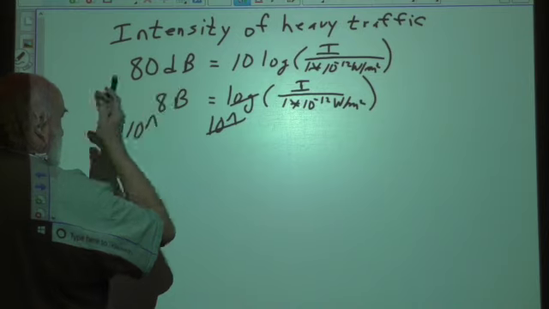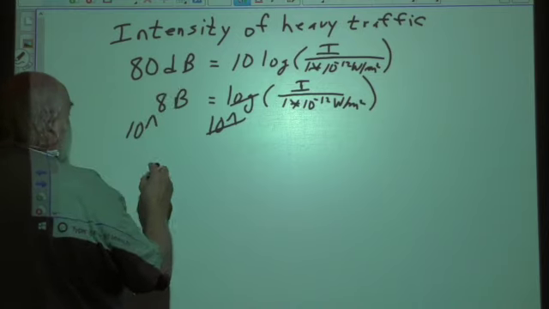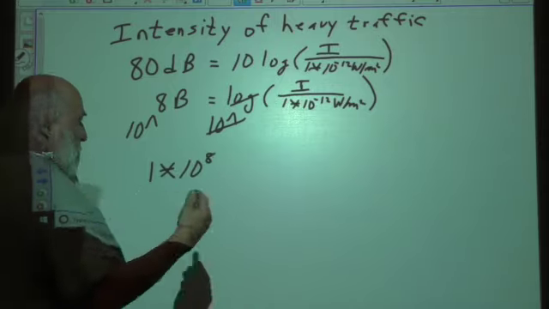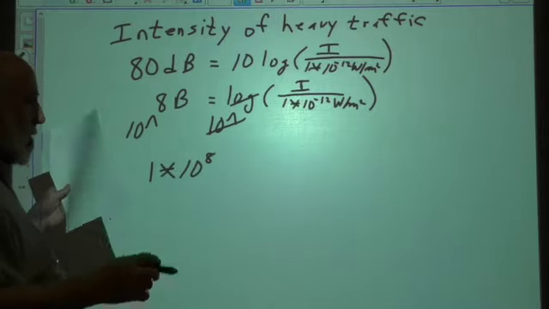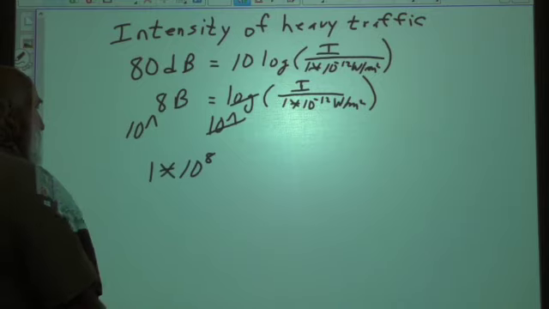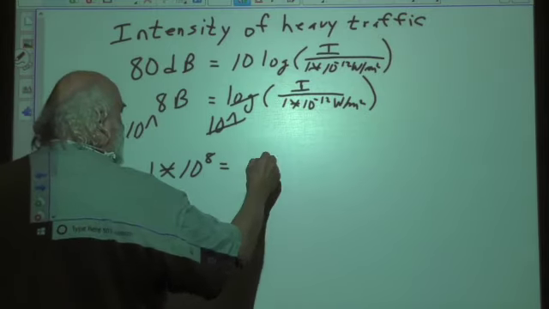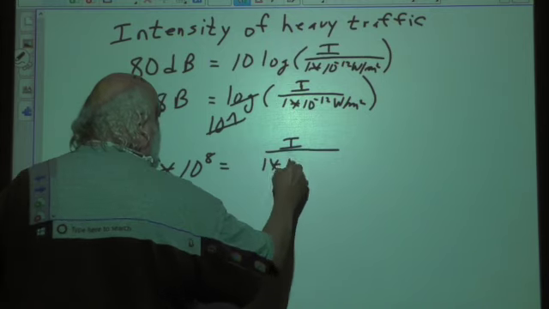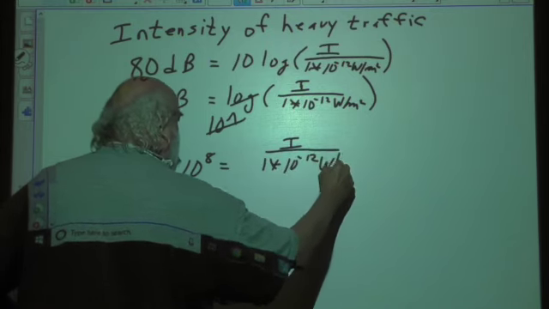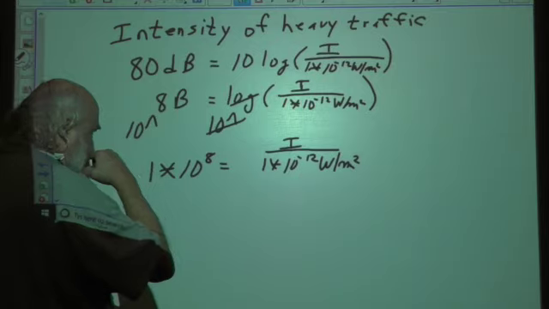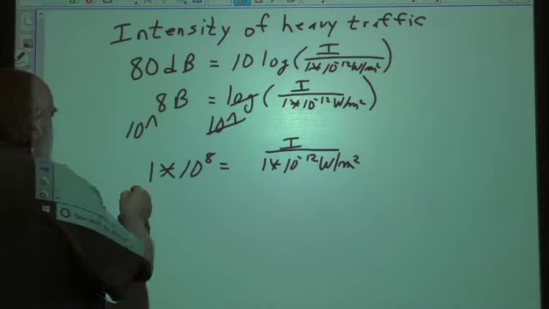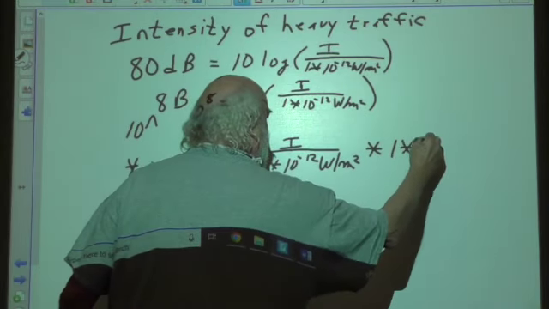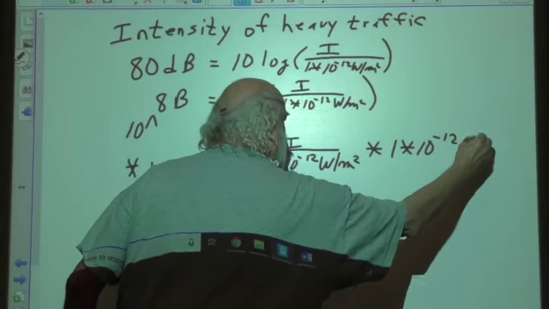Ten to the 8th exponent there is exactly 1 times 10 to the 8th, or you can put it down as 10 million, but I hate zeros, so I'll use this, is equal to I over 1 times 10 to the negative 12 watts per square meter. So to get I by itself, we multiply both sides by 1 times 10 to the negative 12 watts per square meter.